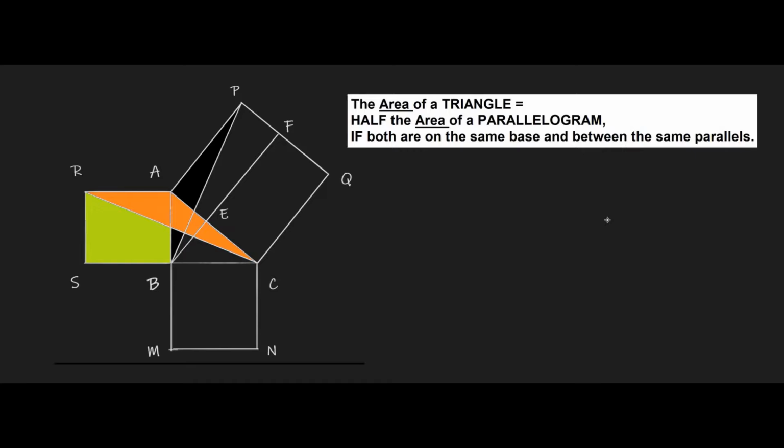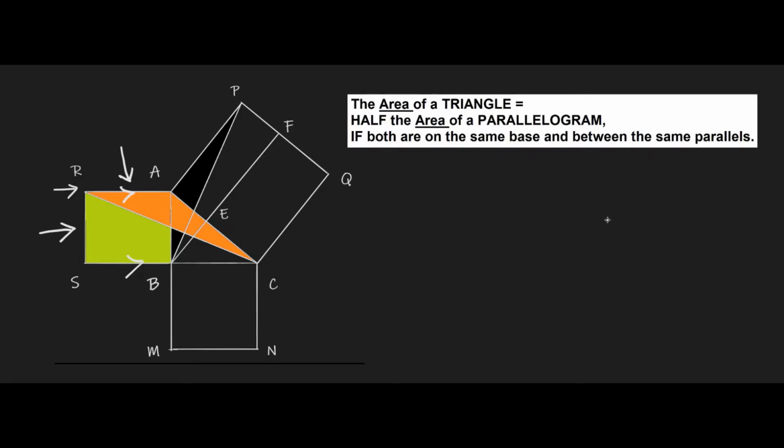Next, I want you to focus on triangle RAC and square RABS. We see that they are both between the same parallel lines and they are on the same base RA, right?